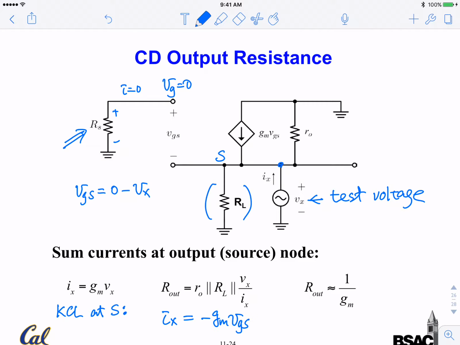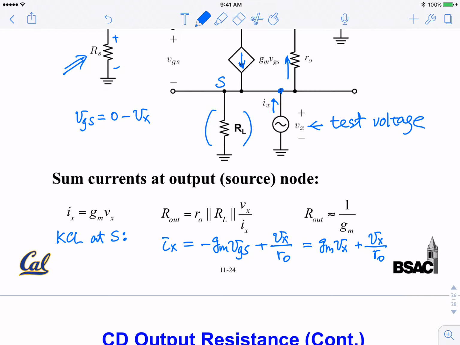The minus sign is because this is also coming into the node, so I put it on this side. Then we have the current flowing through R0, so we have Vx divided by R0. We put VGS in, so this will be equal to gm Vx plus Vx divided by R0. And so you can find the Rout.